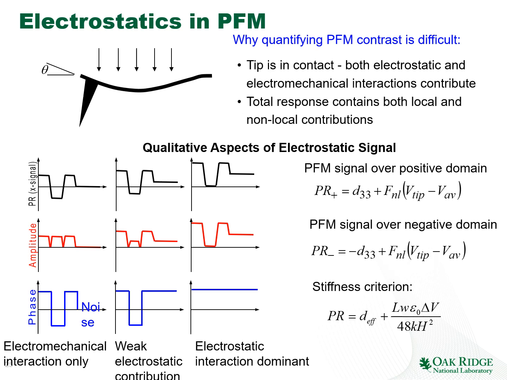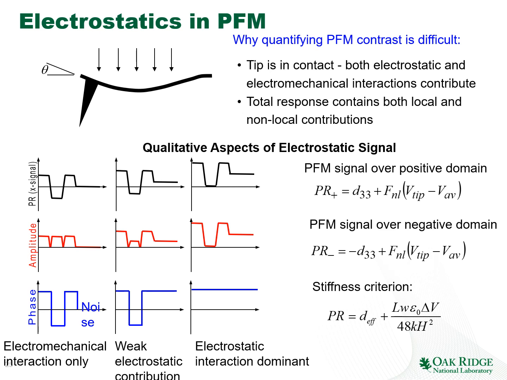If we have a weak electrostatic contribution, it is going to shift the whole piezoelectric signal upward. As a result, the amplitudes for positive and negative domains are no longer equal, so we start to see an asymmetry in the PFM amplitude. At the same time, the amplitude of the non-ferroelectric region will no longer be 0 as well.